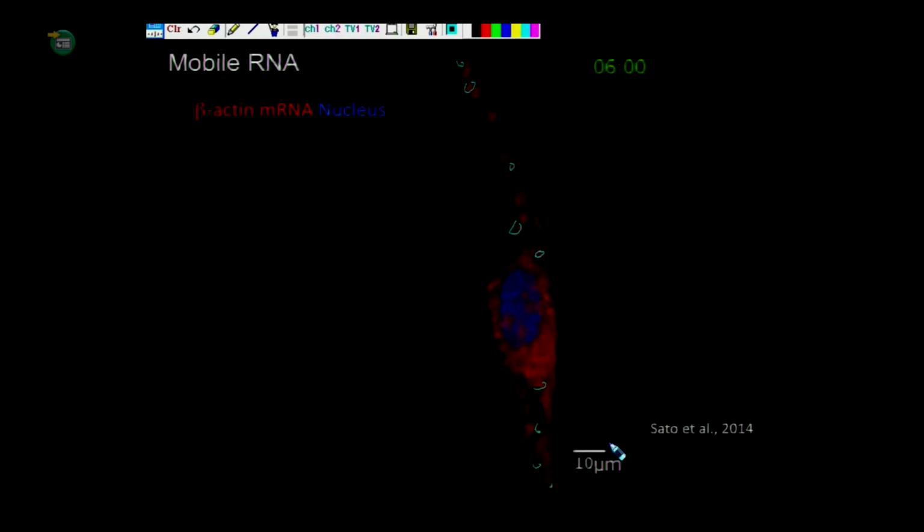I hope you can see, although it doesn't come out very clear on the screen, that these RNA molecules are very mobile. They're moving everywhere in the cells. It's kind of cool that our genetic information is not just restricted to the nucleus.